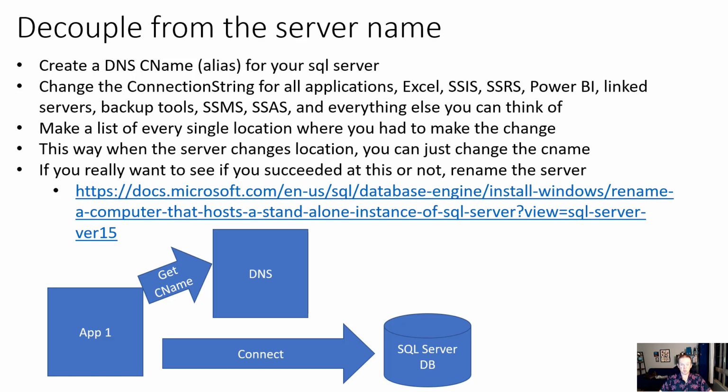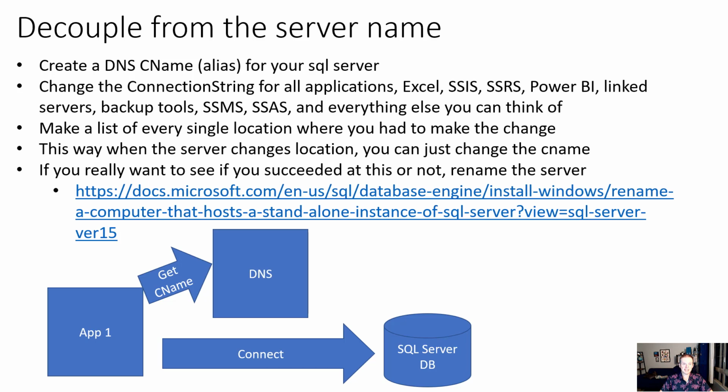In fact, it's a really good idea to rename your SQL Server and see what breaks before the migration. That could be a very easy step to see what you actually need to change. So if you'd like to do that in an easy way, in a way that is more respectful to your users, the first thing that you should do is go into DNS and create an alias, a DNS CNAME for your SQL Server.